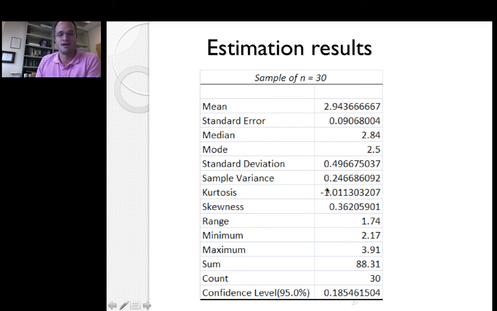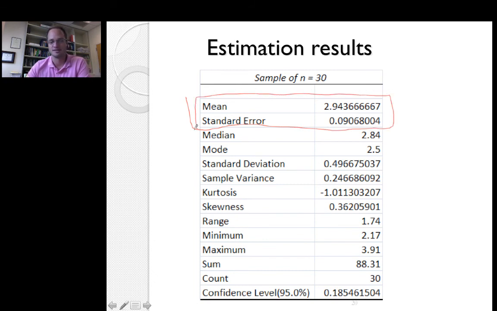The standard error right here, 0.0907, is S divided by the square root of n, S being this value, 0.4967, divided by the square root of 30. But it's all figured out for you. And so really, it's these two values that we're going to need to construct the test statistic to compare to the critical value.